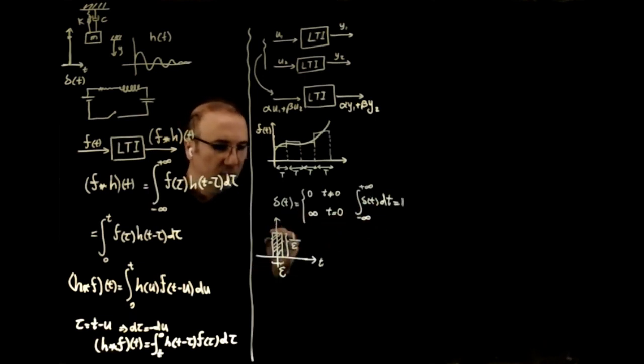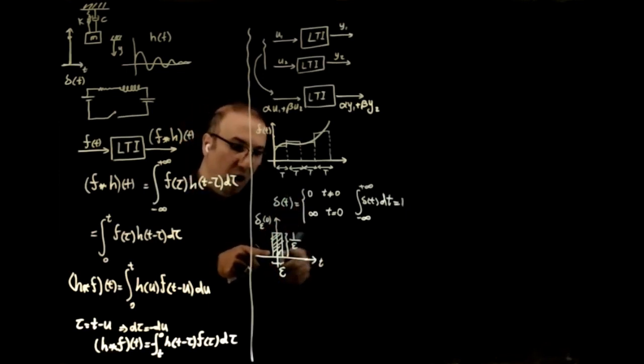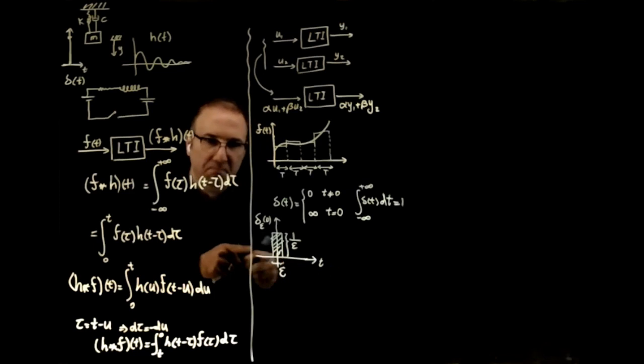So that would be satisfied. Let's call this delta epsilon of 0. The area underneath would be 1. And it is 0 when it is above epsilon half or below negative epsilon half, and it is 1 over epsilon at 0 and in this range.